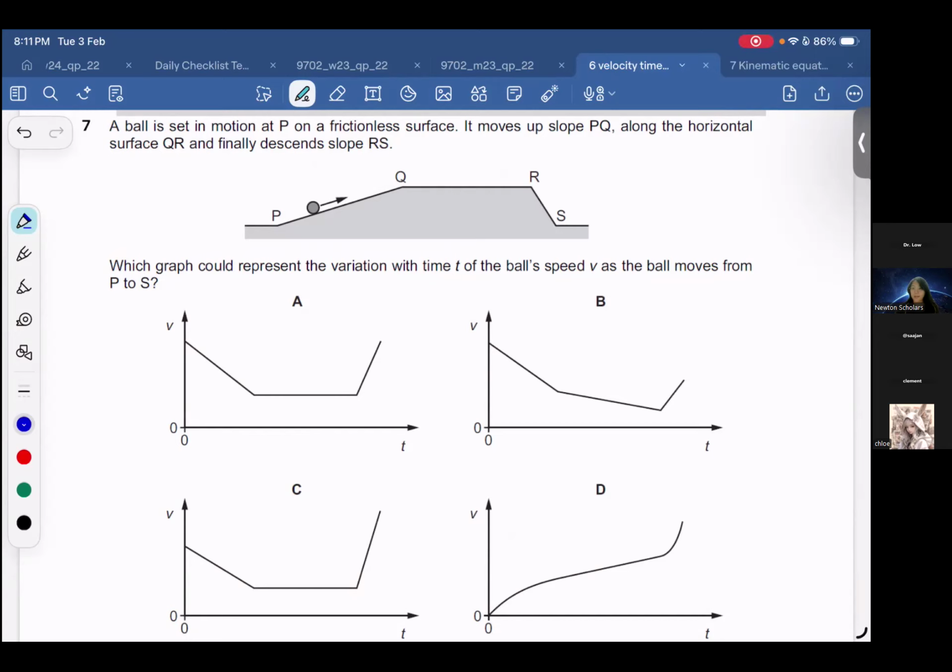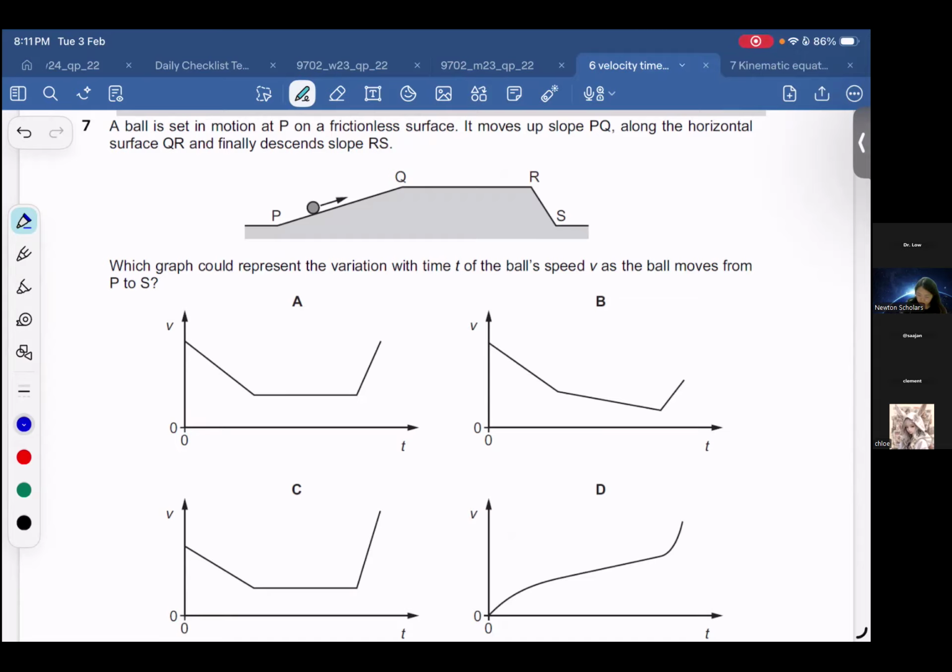Frictionless means no energy loss. A ball is set in motion at P on a frictionless surface, so no energy loss. Clement, correct. Jiaxuan, correct. Sajan, correct, dear.